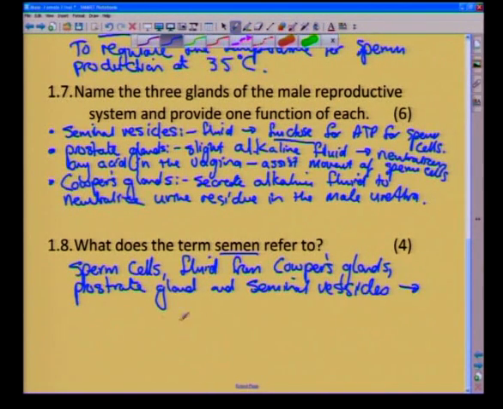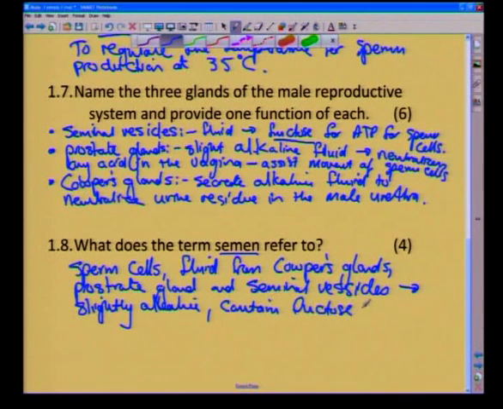And that fluid is going to be slightly alkaline, contain fructose, and mucus. And all of that protects the little sperm and assists them to swim, because sperm cells are motile. Motile means they're able to move.